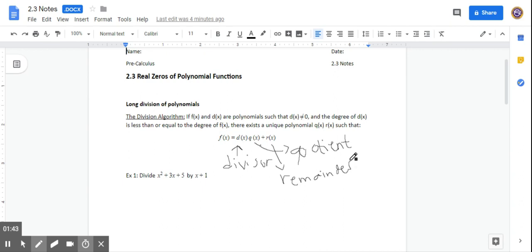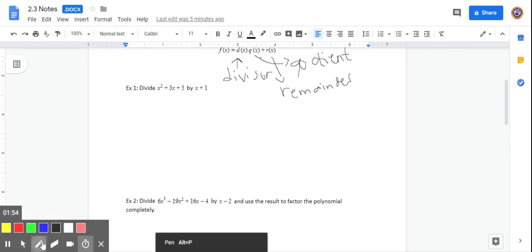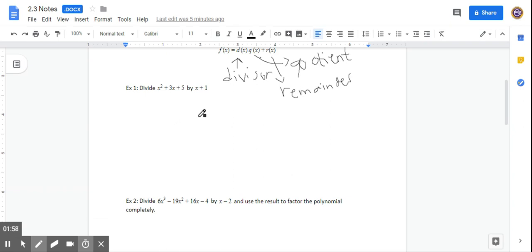So if we use that in the example given here, divide x squared plus 3x plus 5 by x plus 1, we're going to do this using long division. And anything that we're dividing by, so divide this by this, that is our divisor. So this is our d of x.